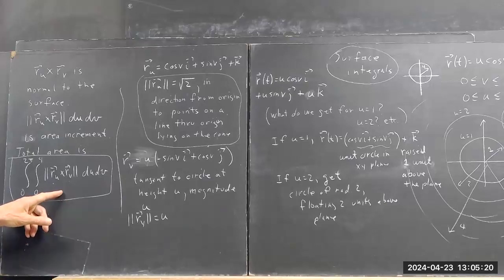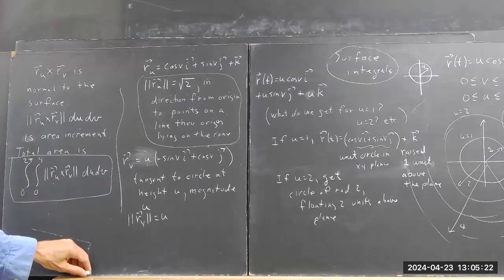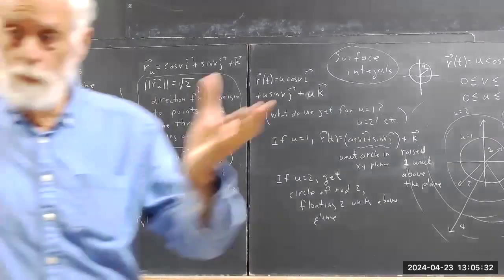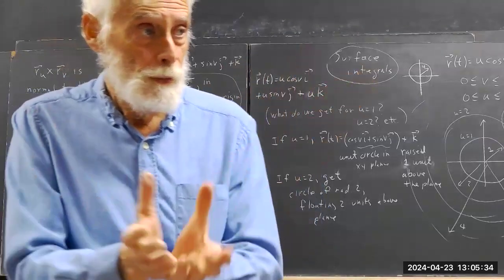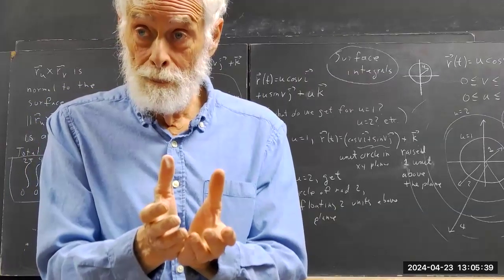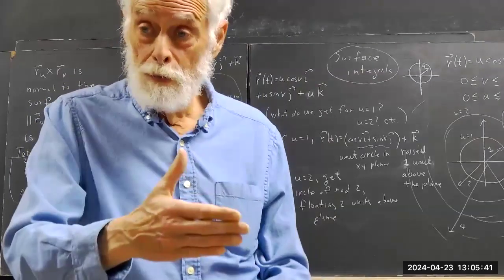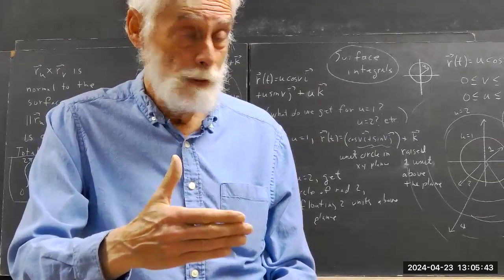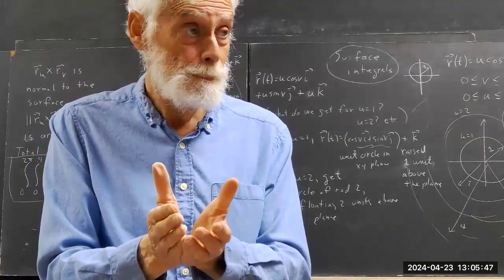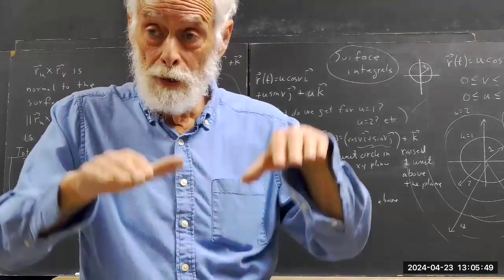That's a method. Now, why does that work? It's because of the increments on that cone for a given change in U and a change in V. Well, a change in V changes the angle. A change in U changes the height.